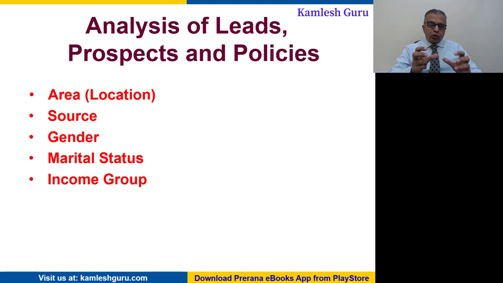If you have prospects from the low income group, then you have to increase your number of policies. Now you have already decided your average ticket size. So this income group will help you come to know which income group you are working with and what changes you have to make to achieve your desired goals. Then age group.